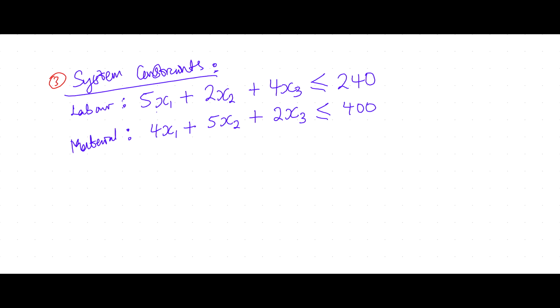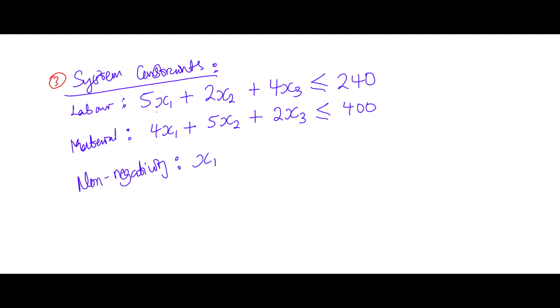And if you want to constrain your decision variable, then it means that we should have what we call the non-negativity constraints. So the non-negativity constraints is we don't want to produce x1 to be negative.